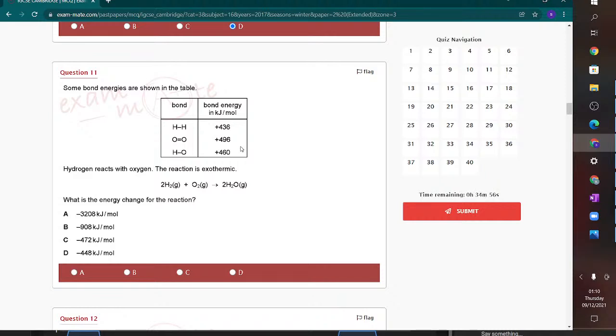So we added that, 1368, minus O-H into 4, so 460 into 4, that's minus 472.